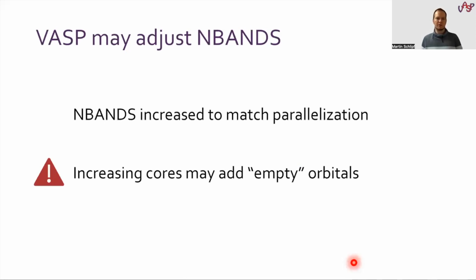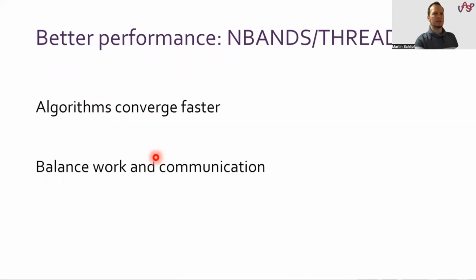So when you have saturated this band loop, the number of bands, the number of electrons that you want to compute, you cannot get faster by adding more CPUs. Then you need one of the other parallelization options. But in principle, you could use the number of CPUs equivalent to the number of bands. This is typically not a good idea.